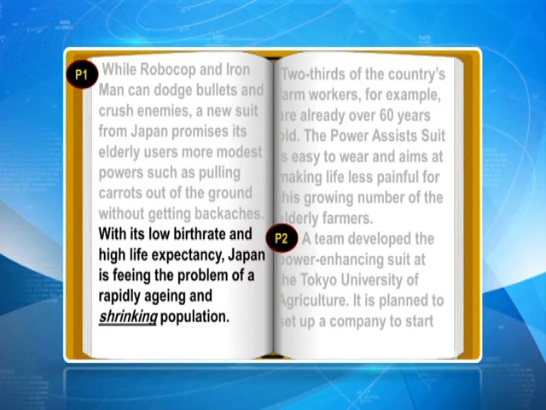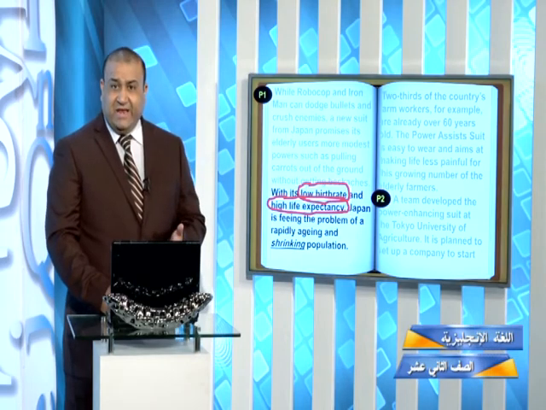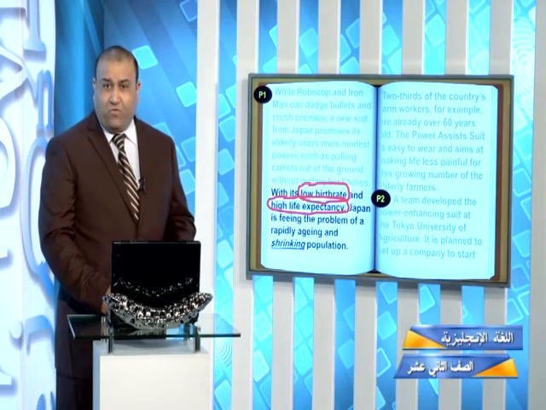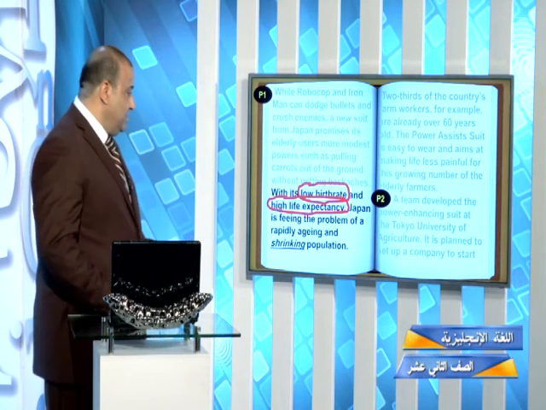With its low birth rate and high life expectancy, now this is considered a problem in Japan. Japan is feeling the problem of a rapidly aging population. So we have two problems, low birth rate and high life expectancy. So the word shrinking must have a negative connotation for the Japanese society. Okay?